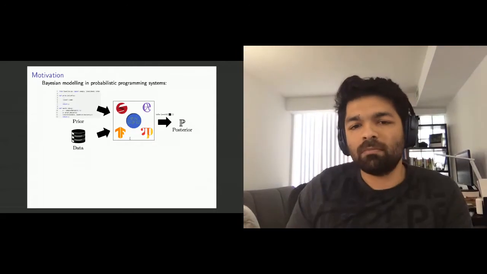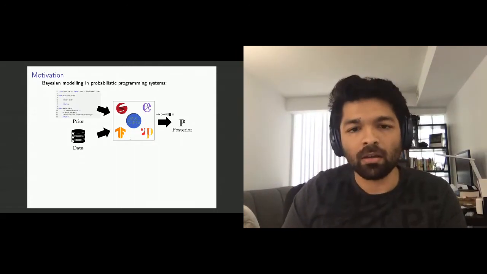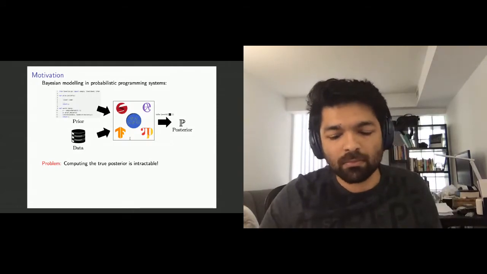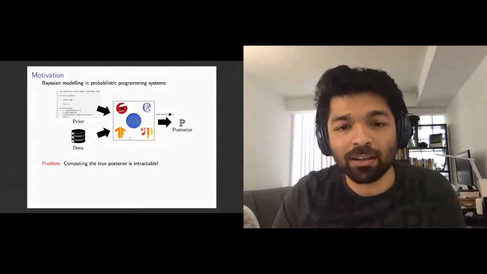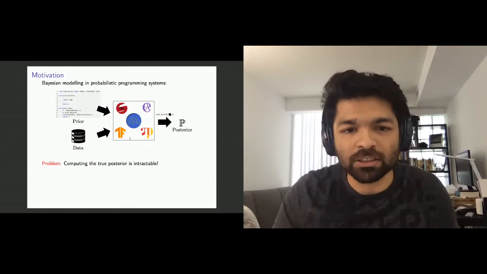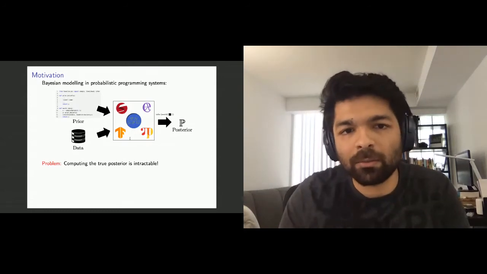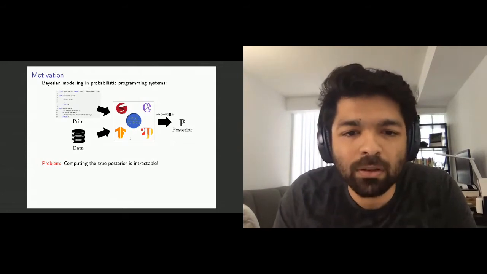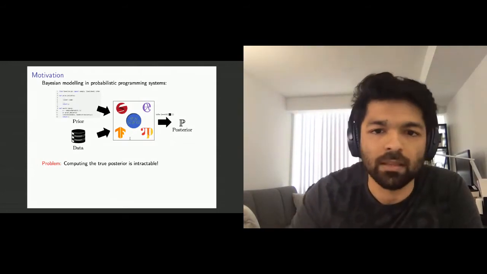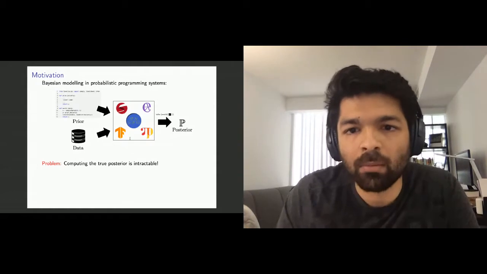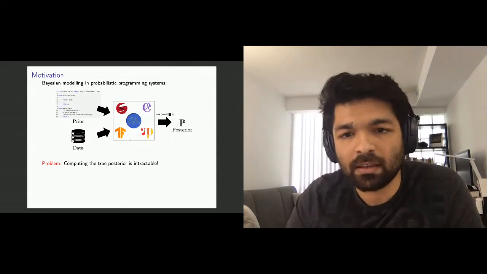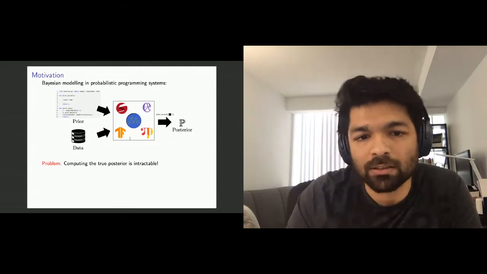As we heard in Guy's talk, there are many classes of models for which computing the posterior is tractable, but they're very structured. But because probabilistic programming allows for representation of very large classes of models, computing the true posterior for most of them is intractable. So what these probabilistic programming systems do is essentially compute an approximation.